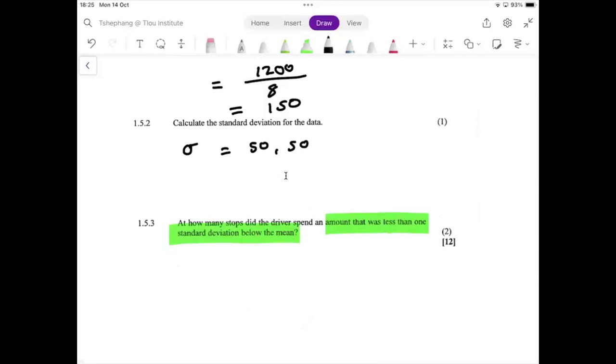That simply means we have our mean minus our standard deviation, because we want it to be an amount that was less than 1 standard deviation below the mean. That's why we're subtracting. Then we're going to say 150 minus 50,50. That'll give us 99,50.